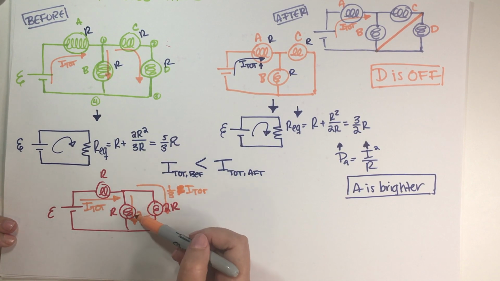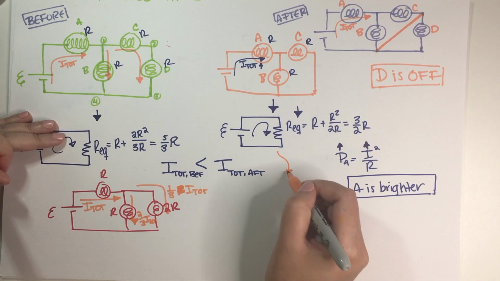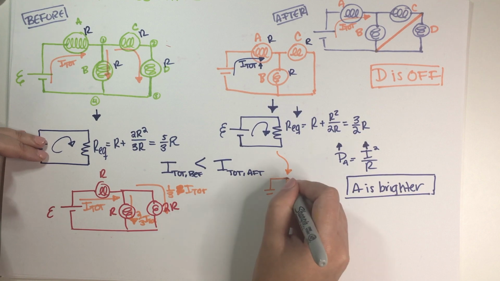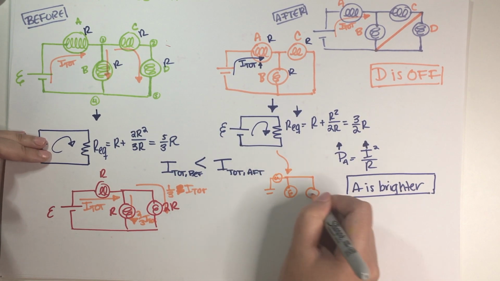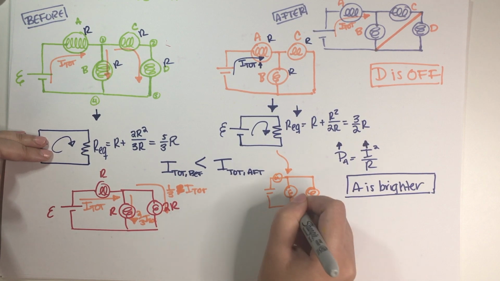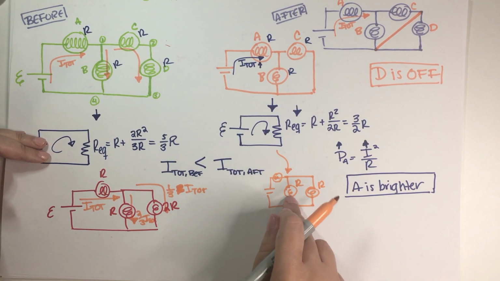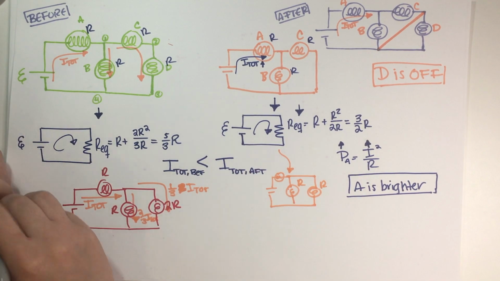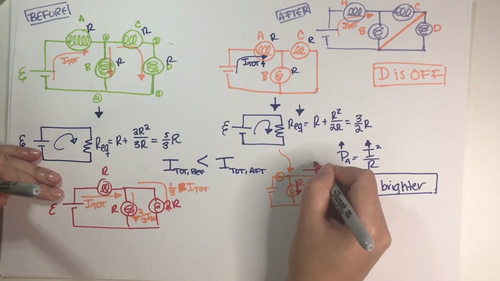But now on this circuit, because this is R and this is R, instead of splitting 2/3 and 1/3, it's actually going to split up 50-50, 1/2 and 1/2.